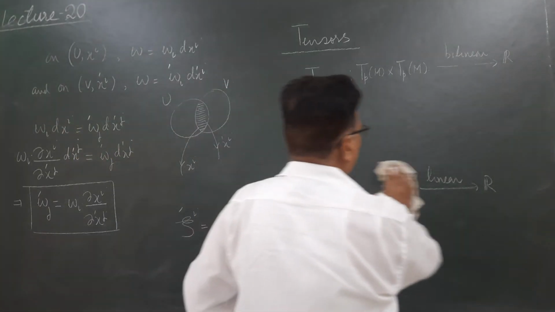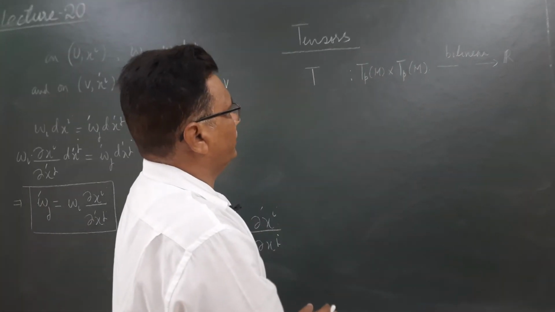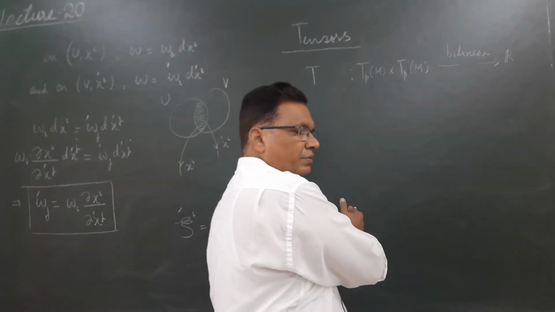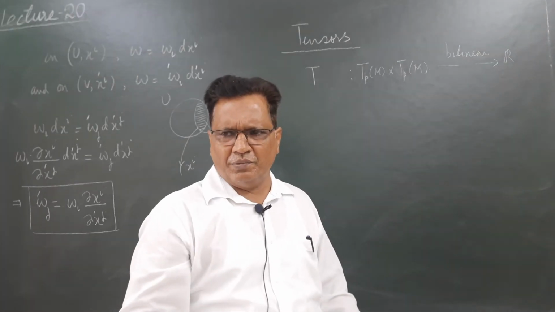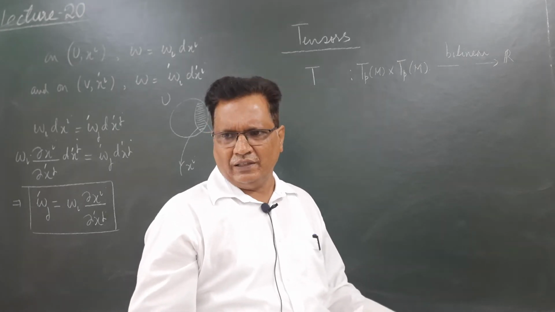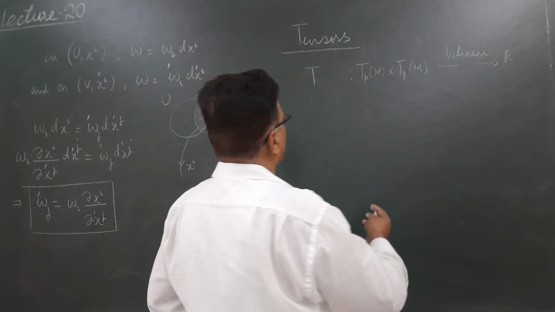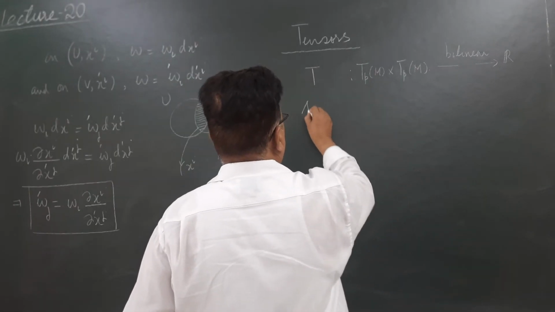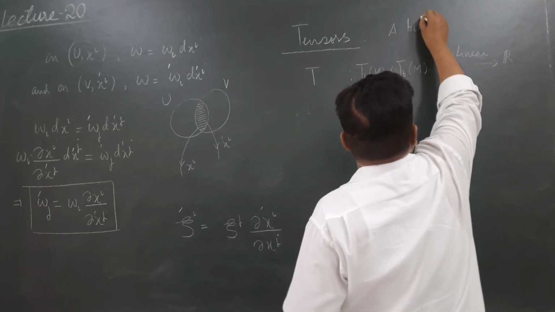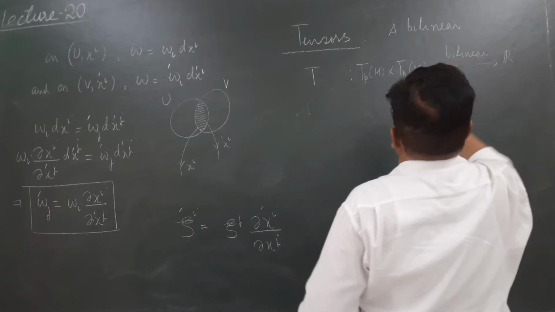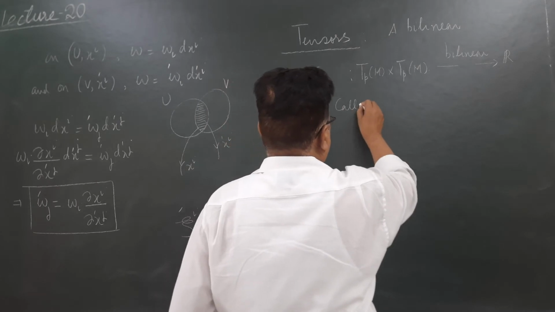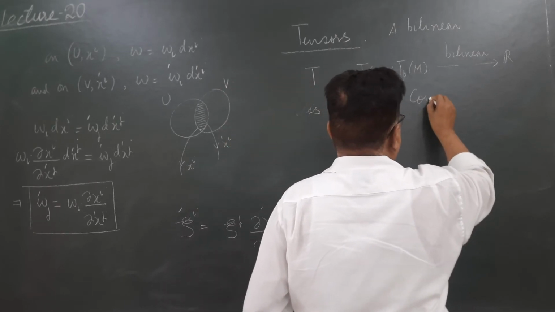A bilinear map from T_pM cross T_pM to R is called a covariant tensor of order 2. Okay, a linear map from T_pM to R is called simply a covariant tensor of order 1. We are all calling it just a covector, but this will be called a covariant tensor. So a bilinear map T from T_pM cross T_pM to R is called a covariant tensor.